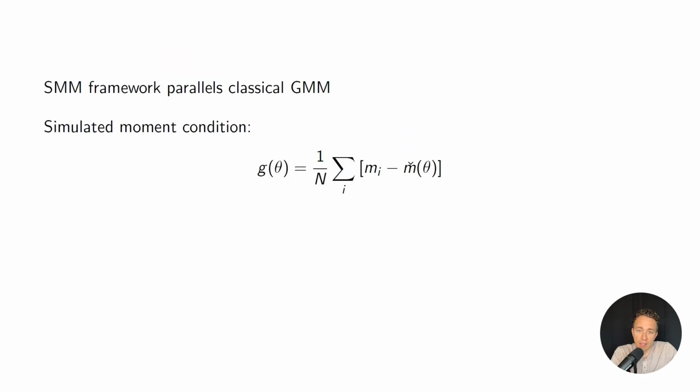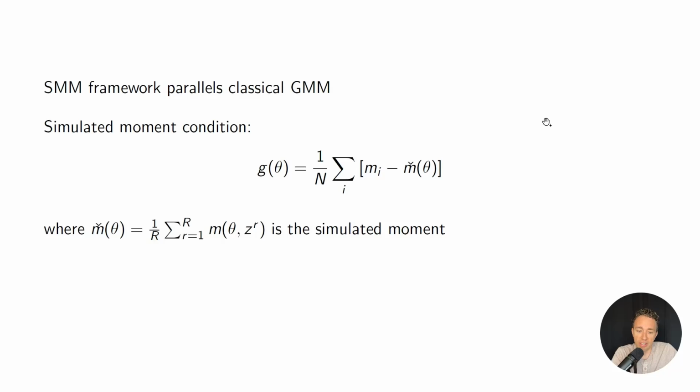And then in simulated method of moments, we're going to replace m with m check, which is simulated. So m check is itself going to be an average over many draws from some unobservable variable that's going to influence this moment condition from the model. Obviously, if it's OLS, we don't need to worry about the check. We can just use x beta.